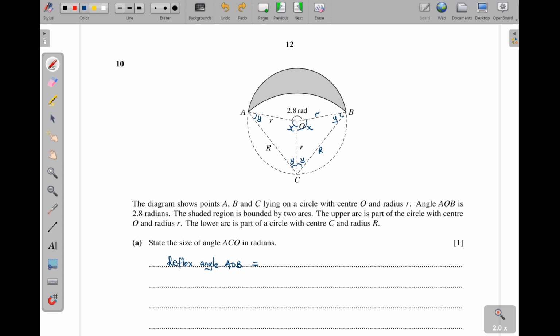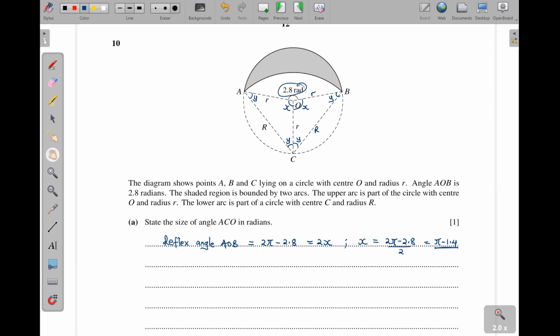So we shall have 2 pi, then minus the 2.8, which actually gives us twice X. So meaning that X is going to be 2 pi minus 2.8, then divided by 2, which I can write as pi minus 1.4.